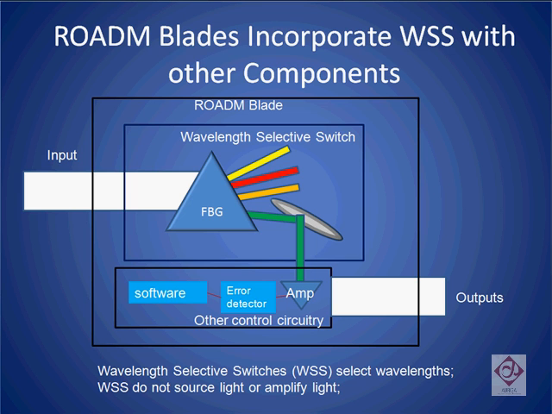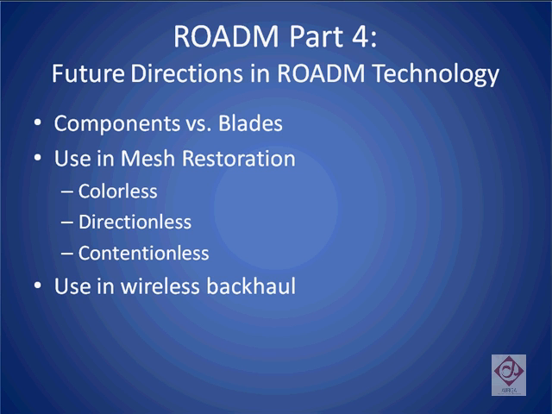Tomorrow's ROADMs might need to deal with this situation in some clever way so that if a certain frequency of light is already in use and the same frequency of light needs to be dropped from another fiber onto that fiber, some new technology will be required in order to shift the wavelengths or perform some other trick to avoid this contention issue.